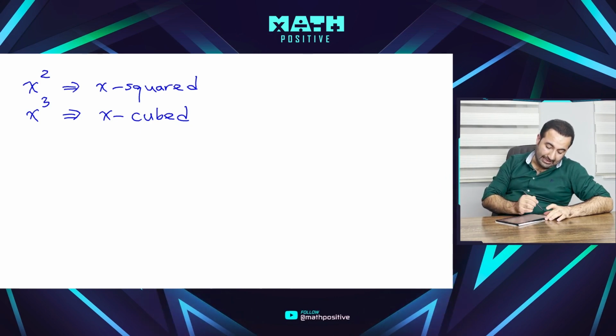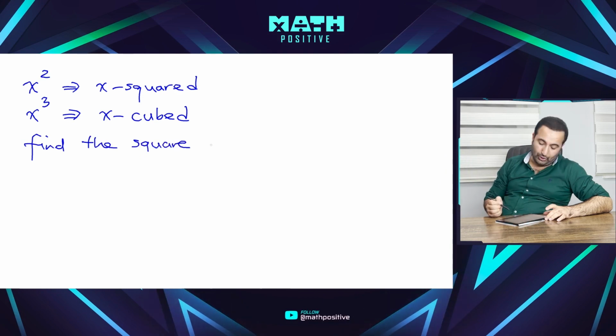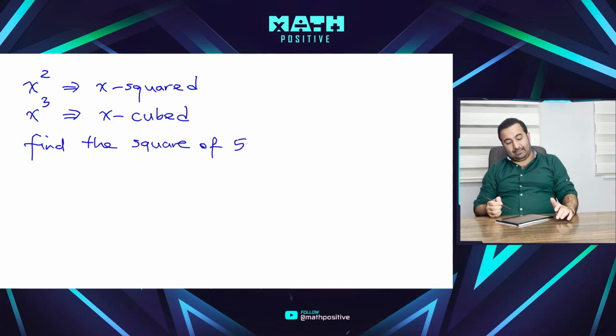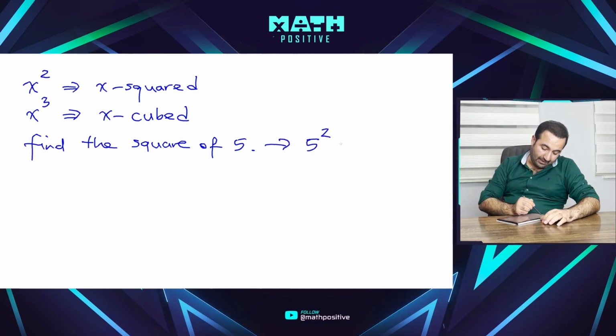And when we have third power of a number, we read it as x cubed. These two powers are special to say when we say find the square of 5.